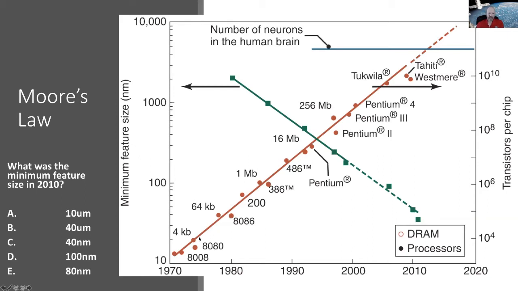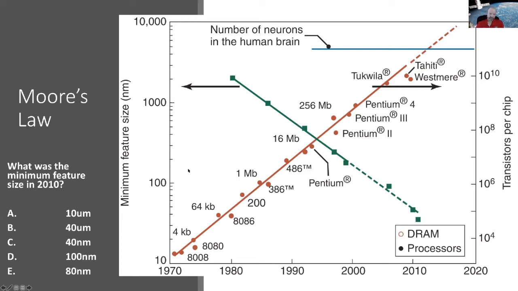And you can see every few years things double, you get twice as many chips. I think it's doubling every 18 months is what Moore's Law is. So as you go up, we're getting more and more transistors per chip.